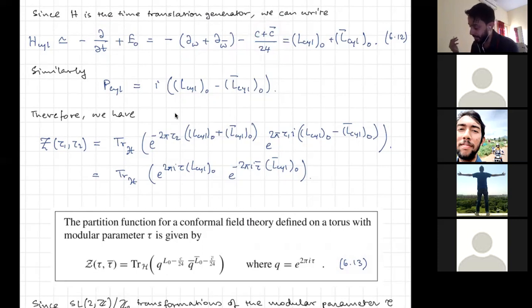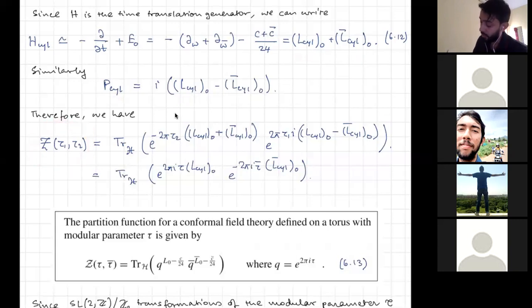And this is the same as just L naught cylinder and L naught bar cylinder. So these are the two things. And similarly, you can write down what the momentum operator is, and you will find that it's L naught minus L naught bar.